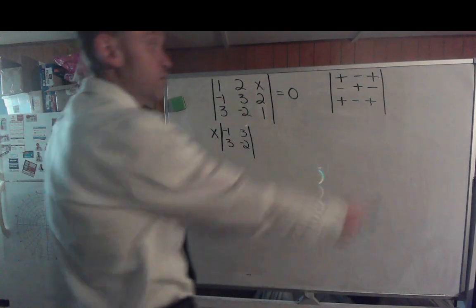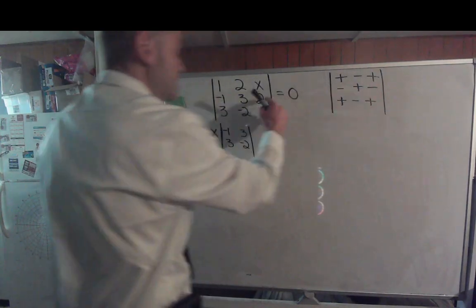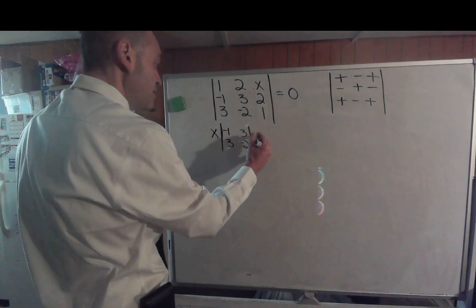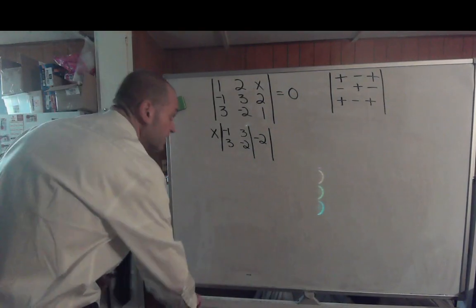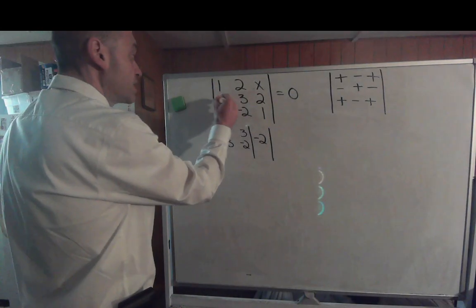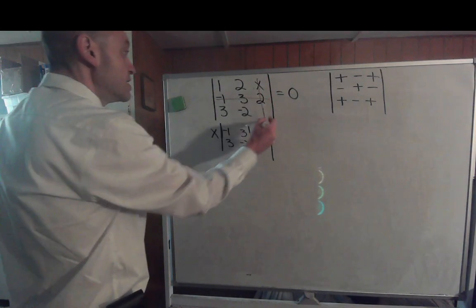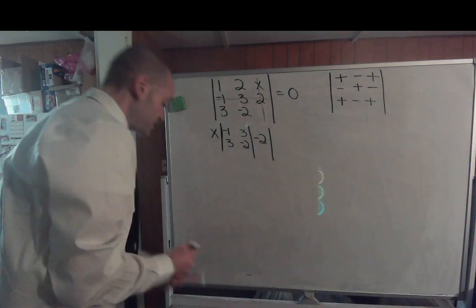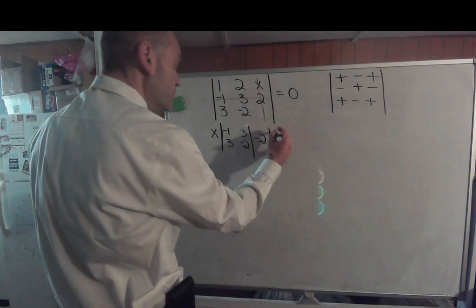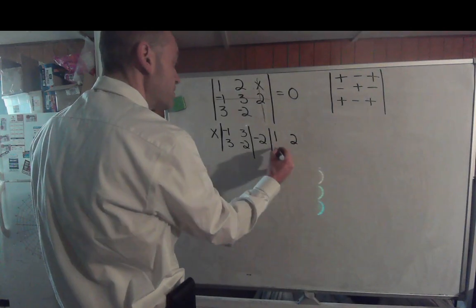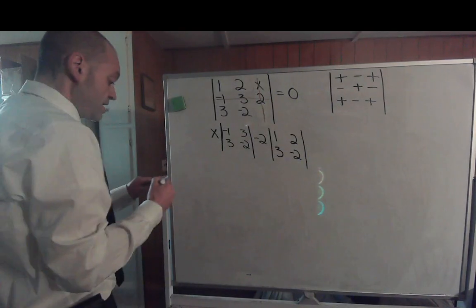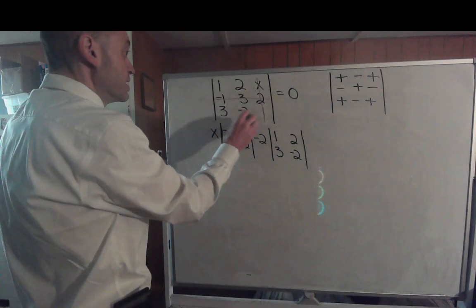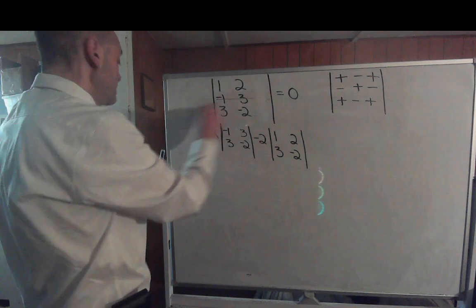According to my coefficient determinant, I need to negate that 2. So that'll be -2 times the determinant of whatever's left when I strike out the row and the column in which that 2 is. I'll have a resulting 2x2 determinant of 1, 2, 3, -2.